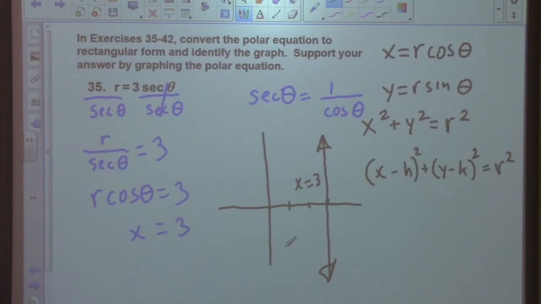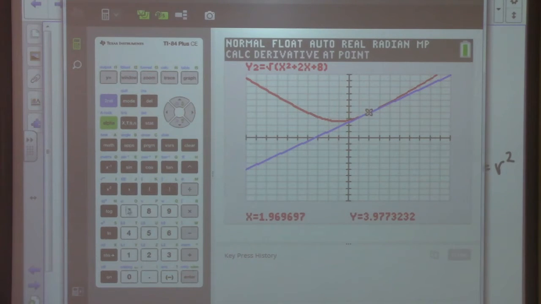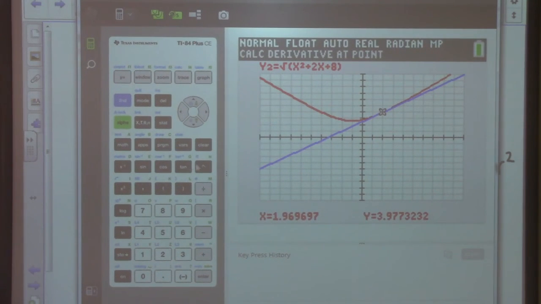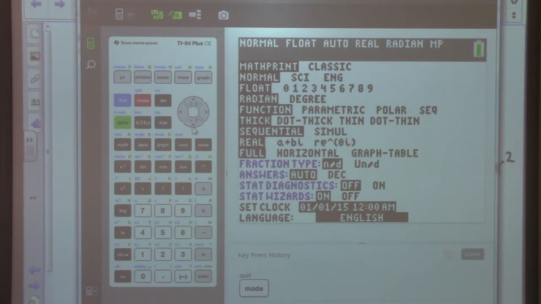All right, and the last thing we're going to do is graph this in our calculator. So we have r equals 3 secant theta. Now, we don't have any secant button anywhere here, and we are not in polar mode. So I'm going to go to the mode button here and change this to polar. One thing that's helpful is to have your calculator in radian mode, which it is.